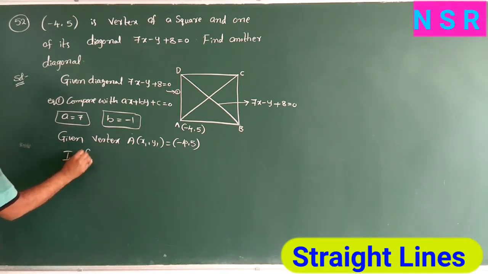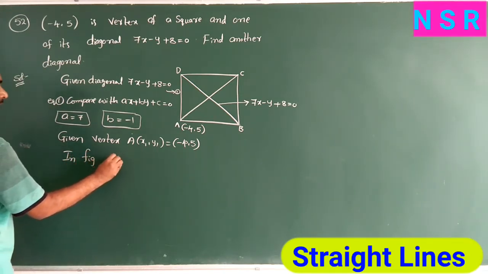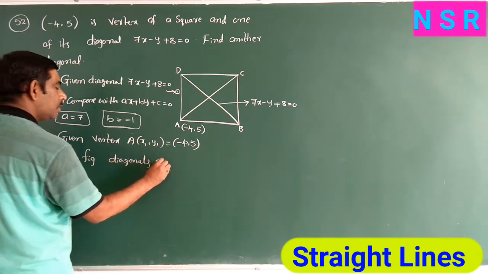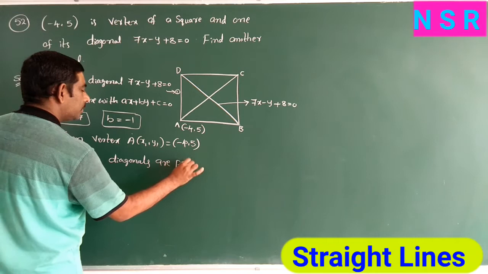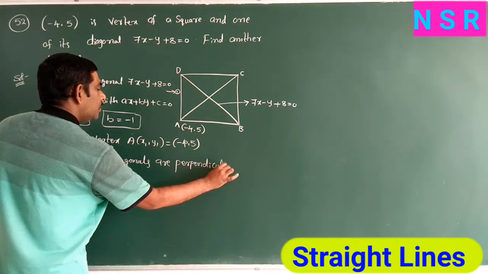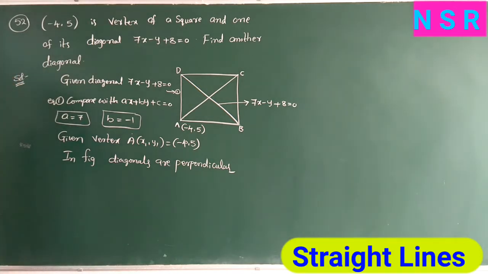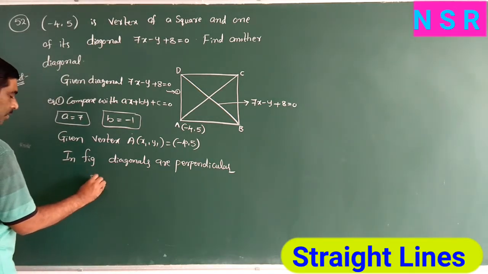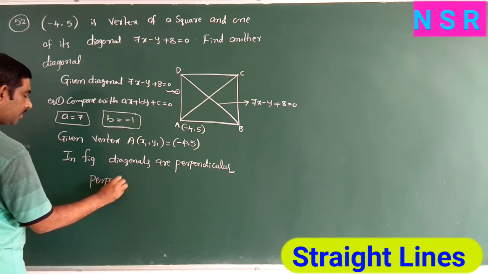So in figure, diagonals are perpendicular. So diagonals are here perpendicular. Now find perpendicular line equation.